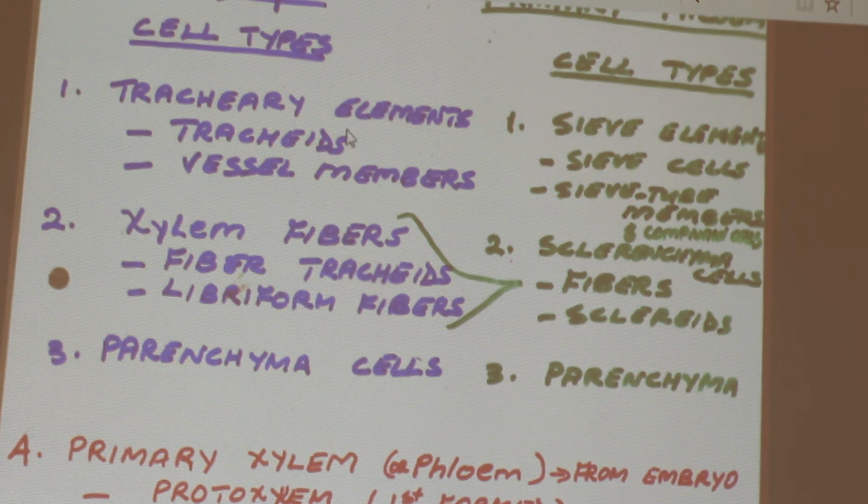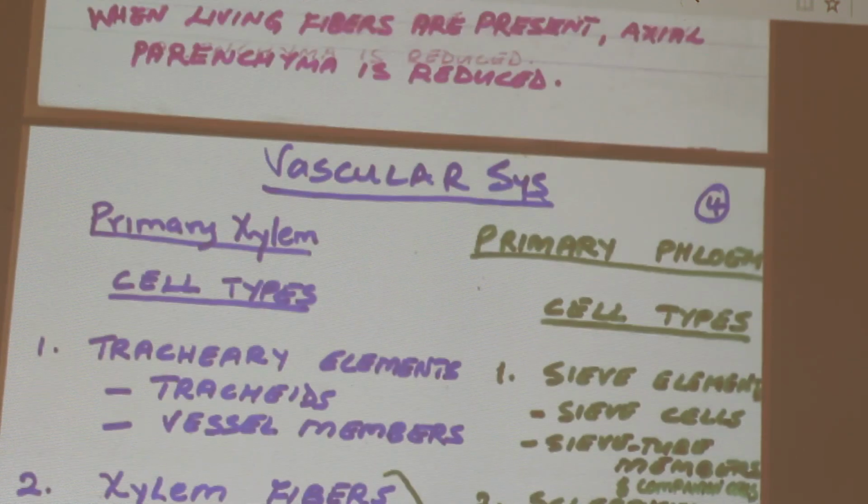Now, I said the tracheary elements are unique to xylem, just as the sieve elements are unique to phloem. When we talk of sieve elements, we can say 2 cells, but actually it is 3: sieve cells, sieve tube members, and companion cells.